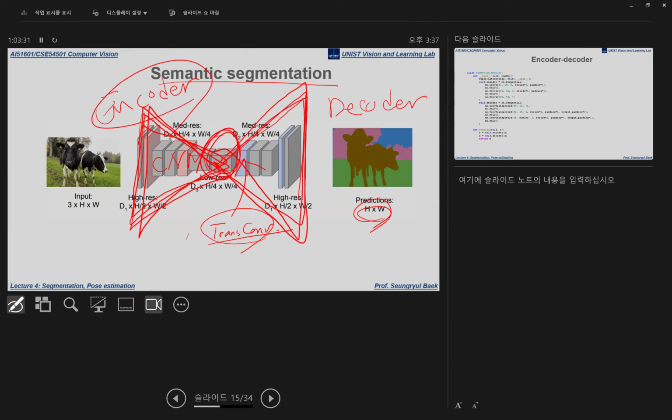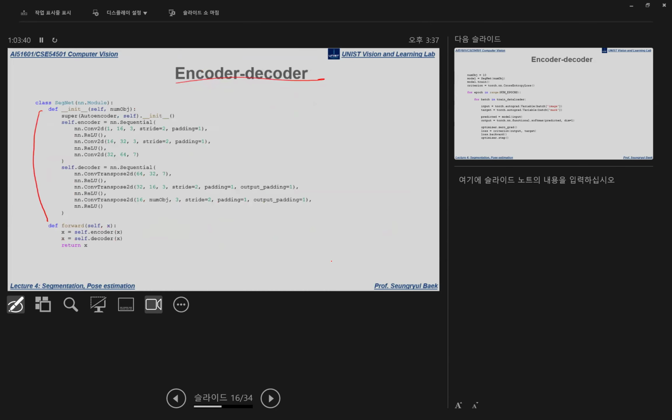So you are extracting some features, and in the later part, you are expanding that to the image space again. Here we implement the encoder network using a stack of convolutions and nonlinear layers, but for the decoder, you can think that transpose convolutions and nonlinear functions are used to make the decoder part.